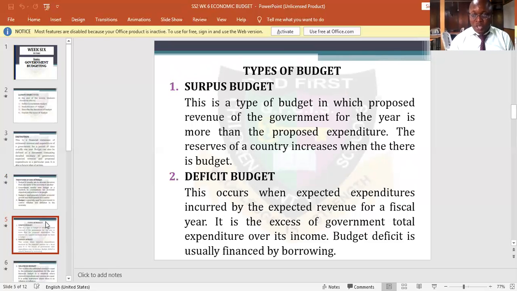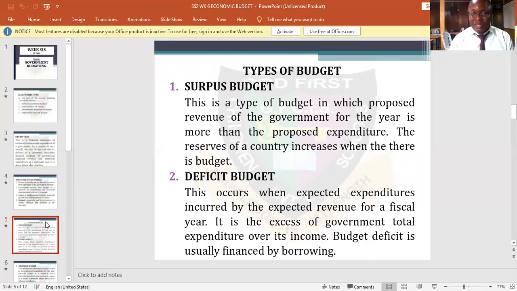Then the reserve of the country increases, and this will increase the economic development of the country.